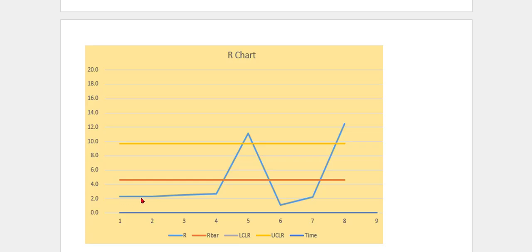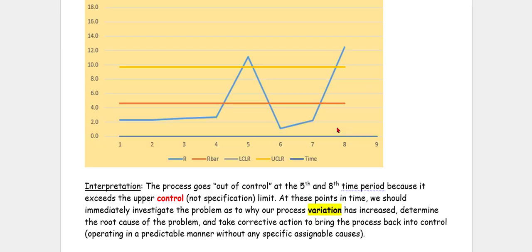The range varies like this over time. All of a sudden it spikes here, and hopefully we've done something about it, and it drops down and it seems to be doing okay, then it spikes again. So if I was interpreting this, the process goes out of control at the 5th and 8th time periods because it exceeds the upper control limit, which is right here, not the specification limit.